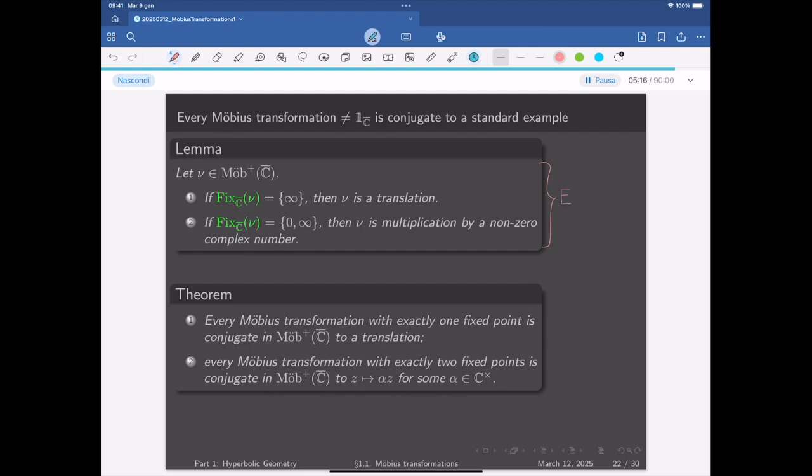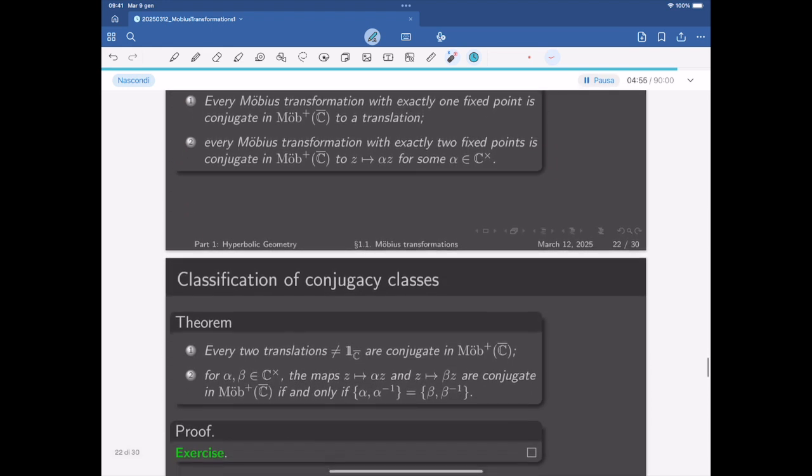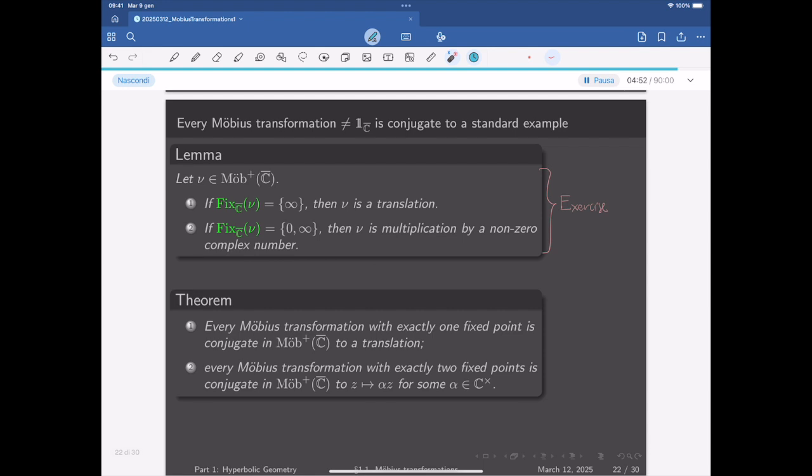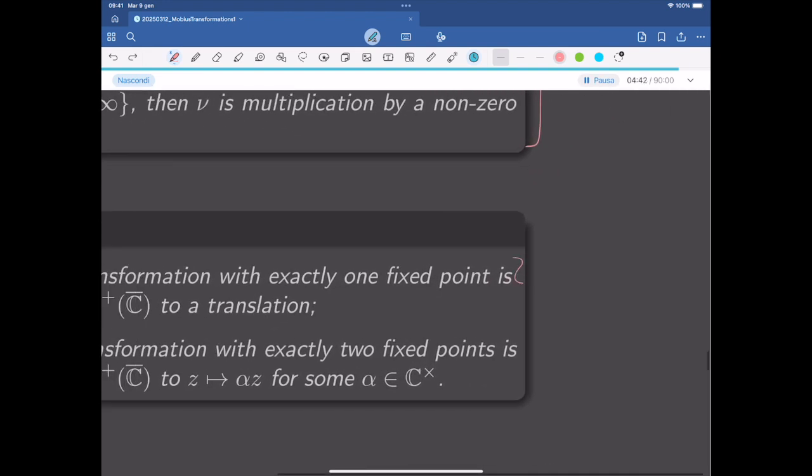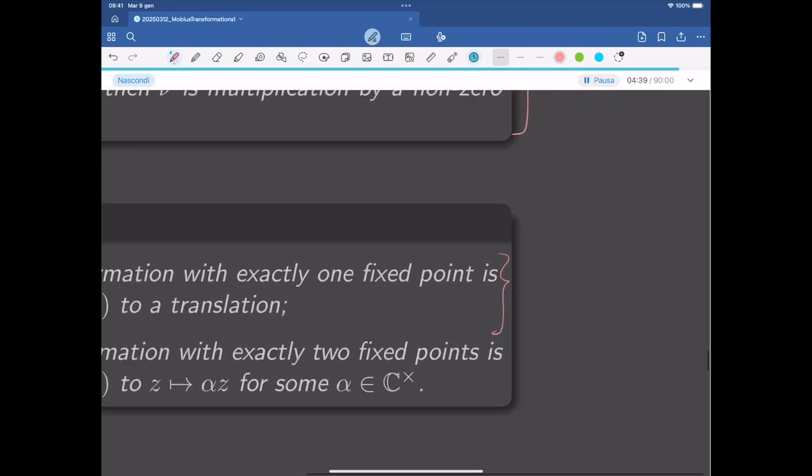So, exercise. You just have to check that certain entries are not 0. Sorry, certain entries are 0. And with this, the proof of the theorem is quite easy because, for instance, if I have a Möbius transformation here with exactly one fixed point, let's say that nu has exactly one fixed point.